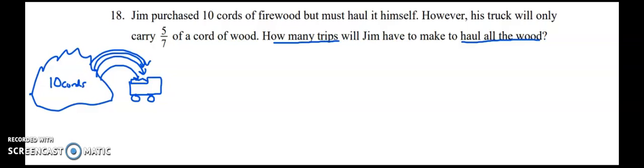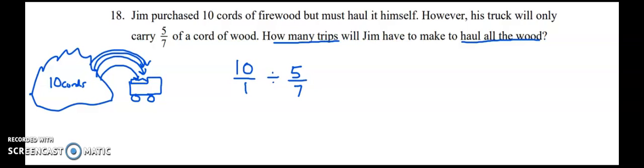We know that there's 10 cords of wood. So for this one, we're not figuring out what is 5/7 of 10 cords. We're trying to figure out how we can divide this 10 cords up. How many times is he going to have to go back to this big pile? So this is a division question. So we're going to take 10, the total, divided by the 5/7 that he can get in each load.